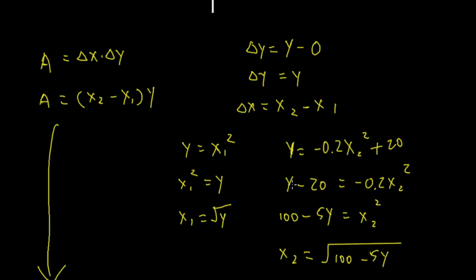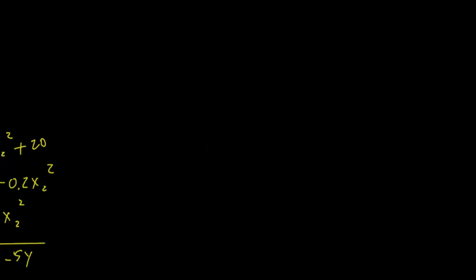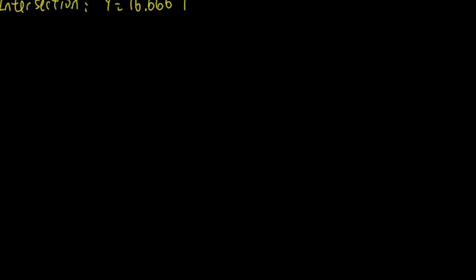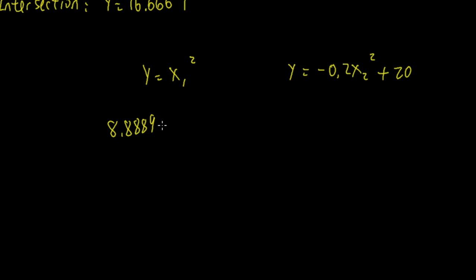Put it into the y here, we get x2. That's it. So y equals x1 squared, and the other function is y equals negative 0.2 x2 squared plus 20. And we know that y is 8.8889, which will give the maximum area of the rectangle.